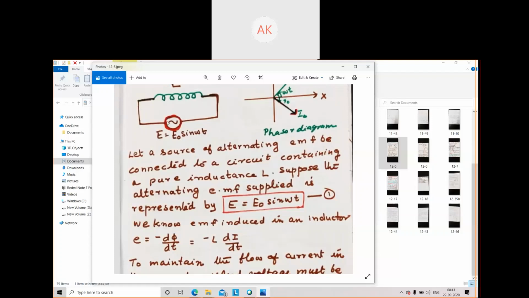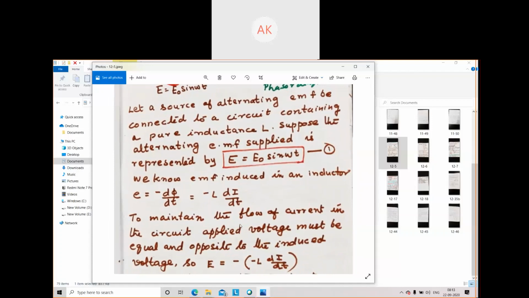So in order to maintain current in the circuit, the applied EMF should have a value at least equal to the back EMF. To maintain the flow of current, the applied voltage must be equal and opposite to the induced voltage. So applied EMF capital E is equal to minus of the induced EMF, minus of minus L into di by dt.